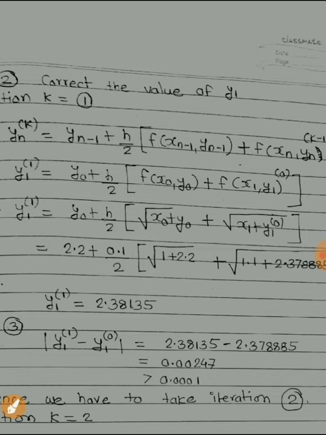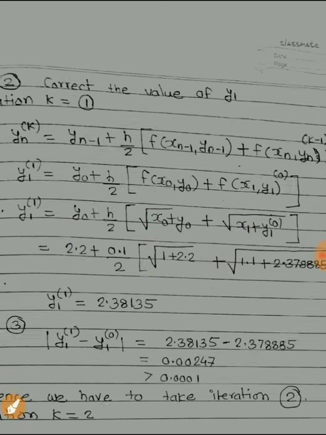Now, if we put the values, we know y0 is equal to 2.2, h is equal to 0.1, x0 is 1, y0 is 2.2, then x1 is 1.1, and y1 raised to power 0.